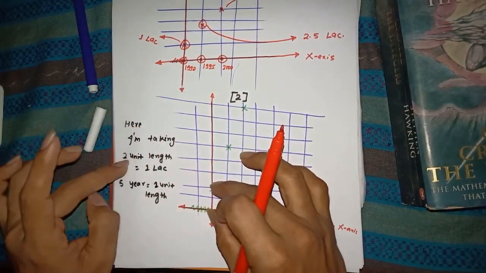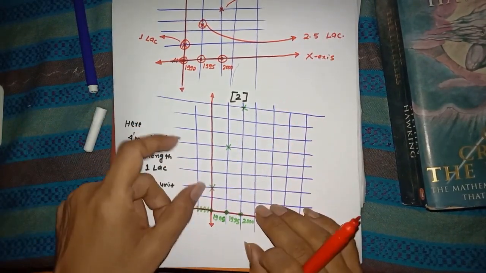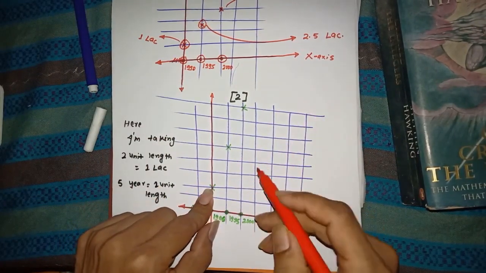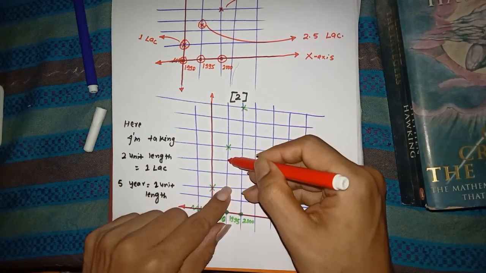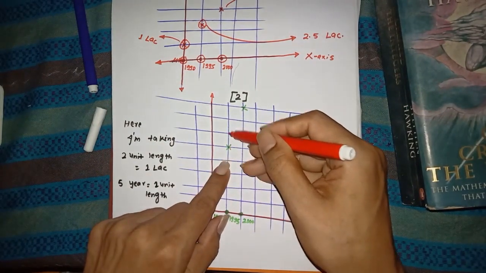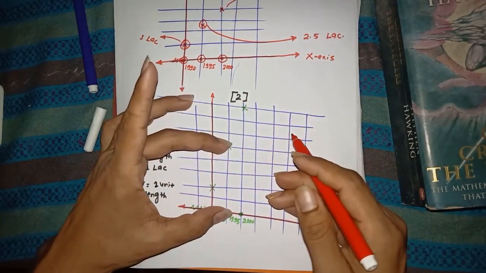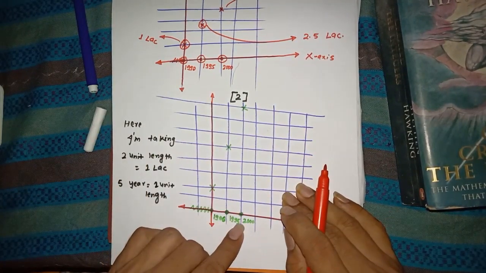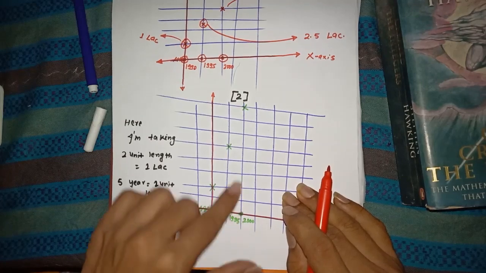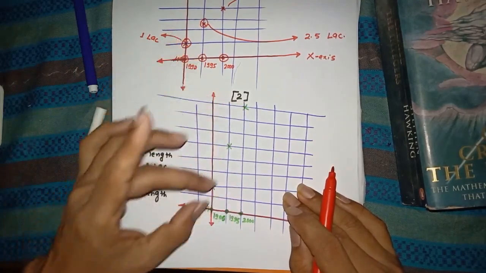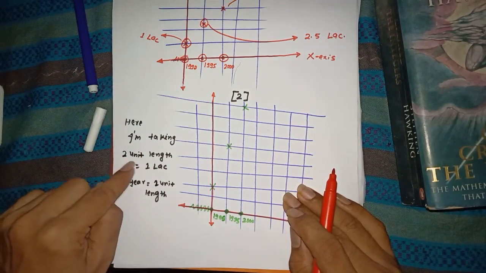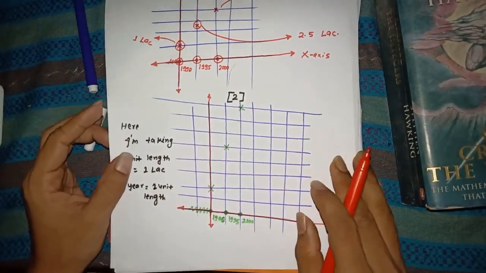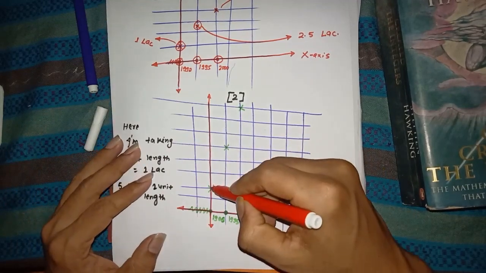But here 1 lakh is equal to 2 unit lengths, so 2 lakh is 4 units. Now for 2.5 lakh, that means 1 lakh and 1 lakh, 2 lakh and half, 2.5 lakh. Here you can draw it, and for 2000 you can draw it. Here is 4 lakh: 2 units per lakh, so 8 sections means 4 lakh.